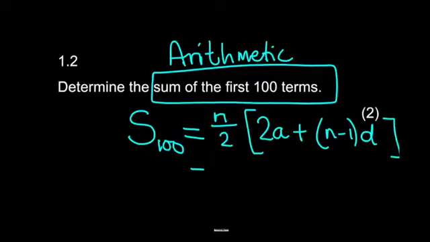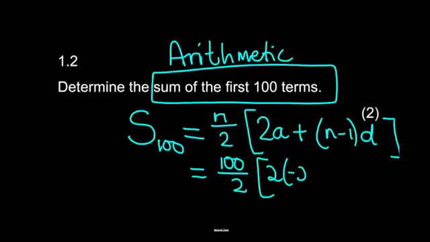So we get 100 over 2 into our first term, which is negative 2, and we had 99 differences. 100 minus 1 is 99.